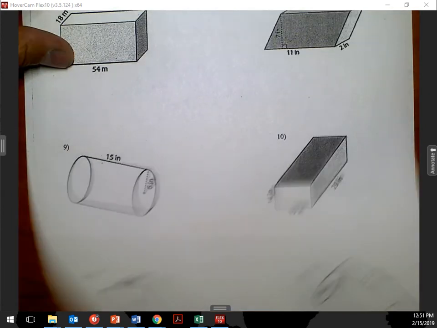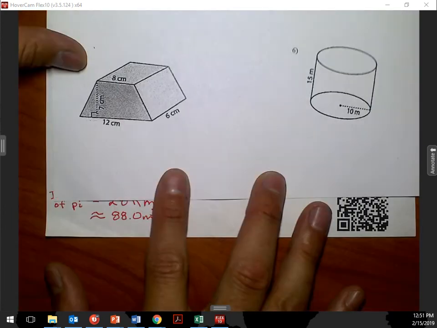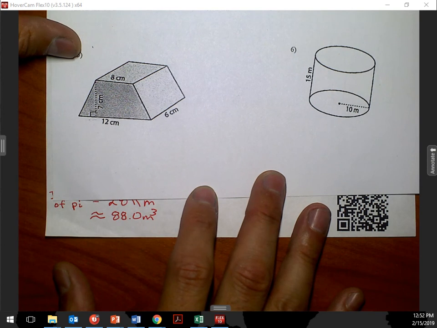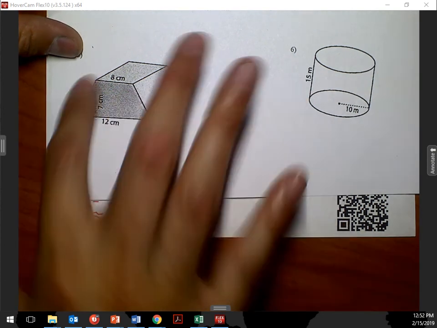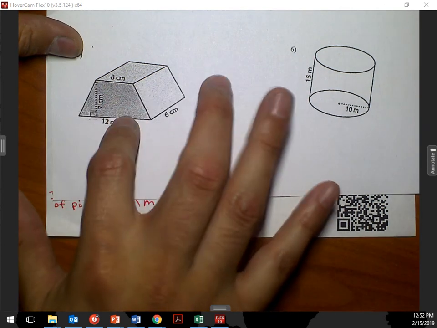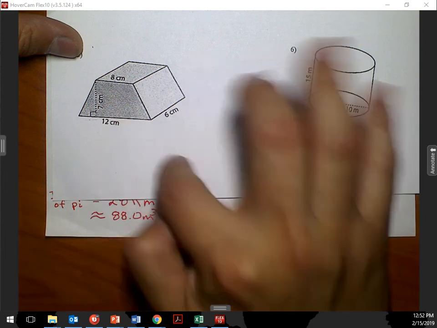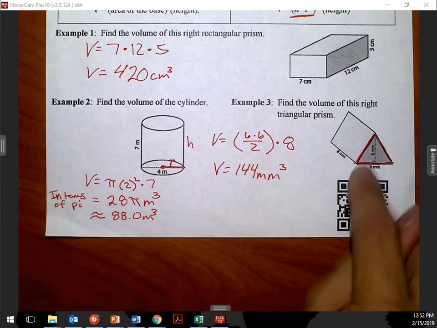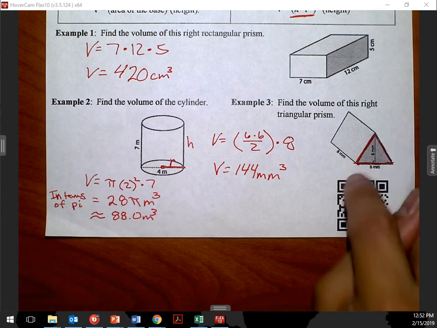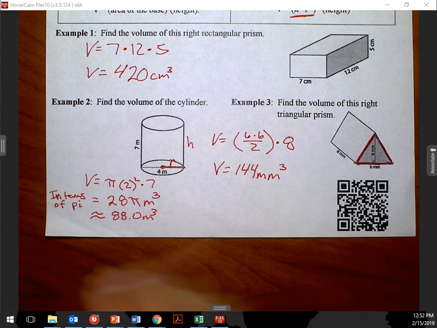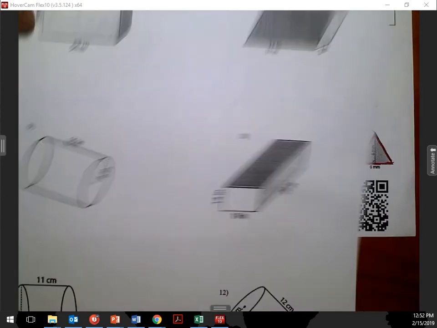So wait, we're doing 12 times 6 divided by 2? No. The area of a trapezoid, which is in your notes, times the thickness. Like on the triangle, it was the area of the triangle times the thickness. Let's look at the other side.